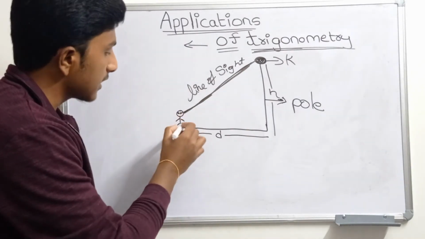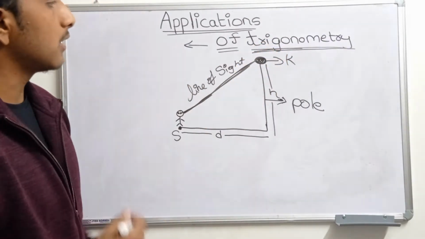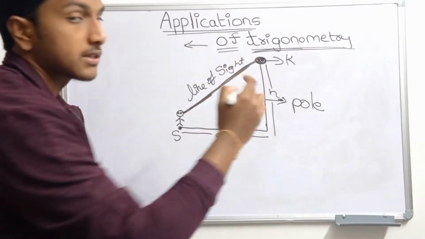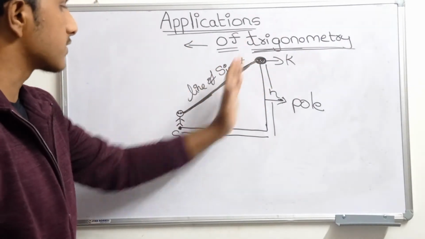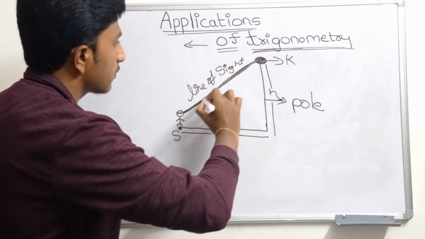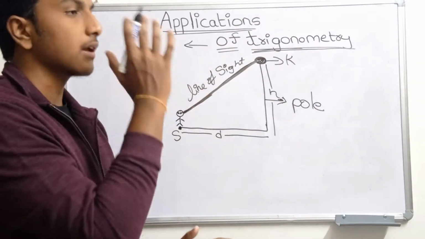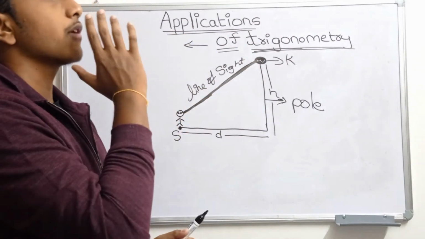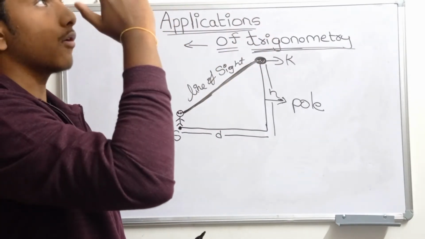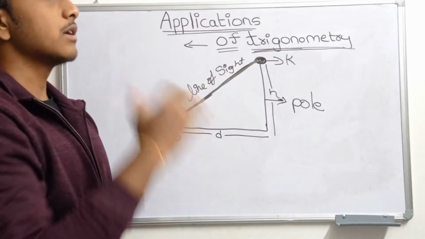When a person standing at any point sees an object at some distance from the person, the line which connects the person's eye and the object is known as the line of sight. When we are standing here and watching a pole, the view from our eye to the top of the pole is the line of sight.